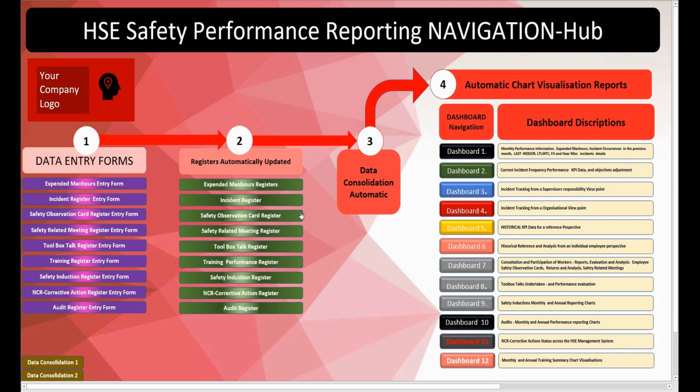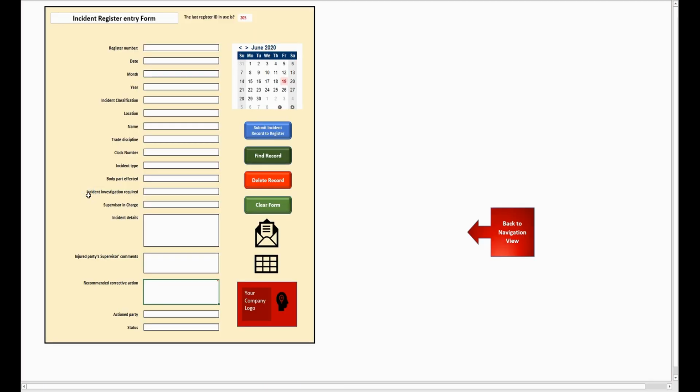As mentioned earlier, there are more detailed videos explaining the completion of each of the forms, but to maintain your interest, let's open the incident register entry form and explain some of the common features of all of the forms. Each of the forms has a calendar, which makes date entry effortless. Each of the forms has month and year fields.